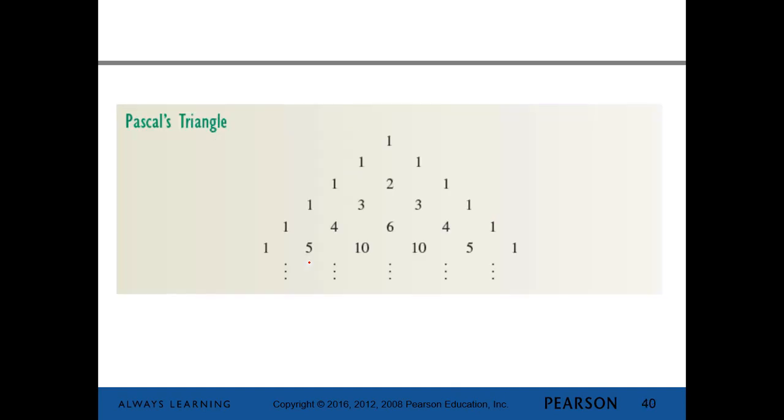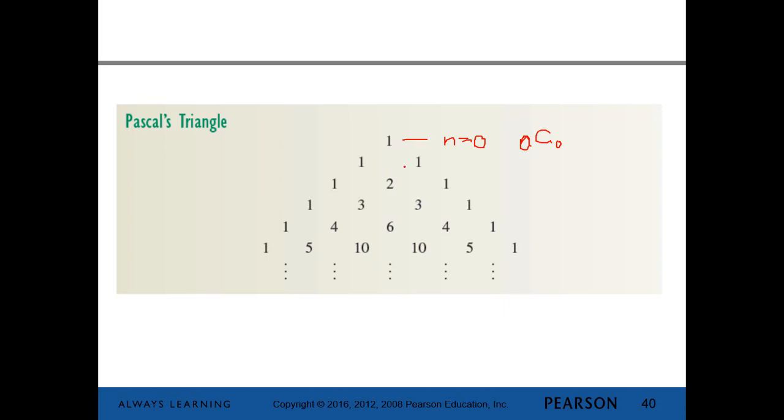Now, remember Pascal's triangle. I mentioned this in class. This basically follows from the combinations. So this would correspond to n equals 0, which is 0 choose 0, which is 1.